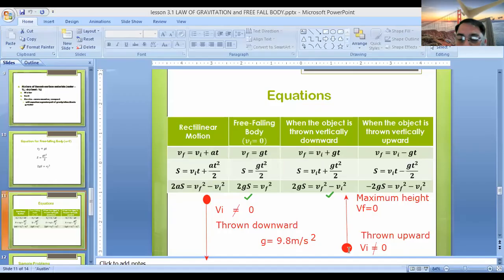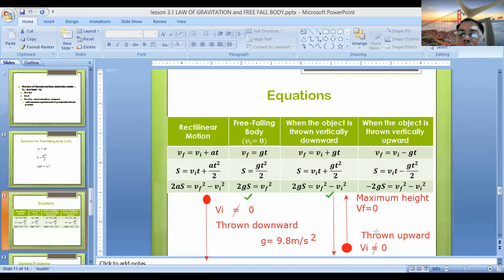So upon reaching the highest point and it stops, we will realize that the body now behaves as though it is a body that is dropped. The same phenomenon. The body starts to go back down because its initial velocity is now zero at the highest point, and then it starts to descend downward.